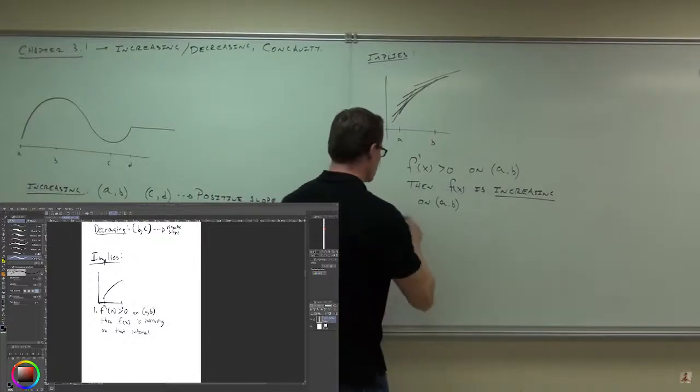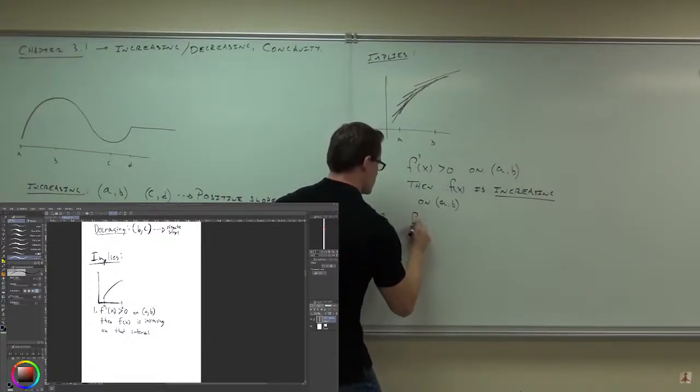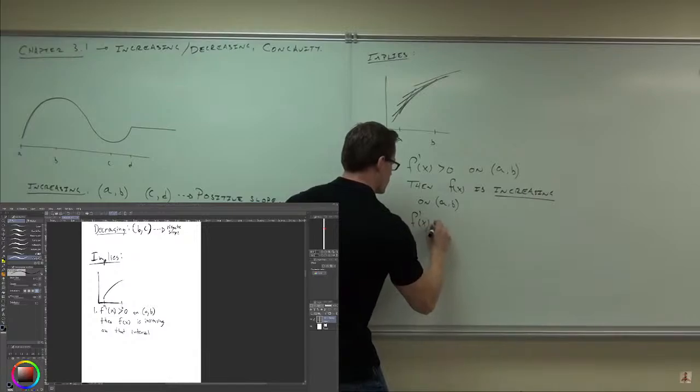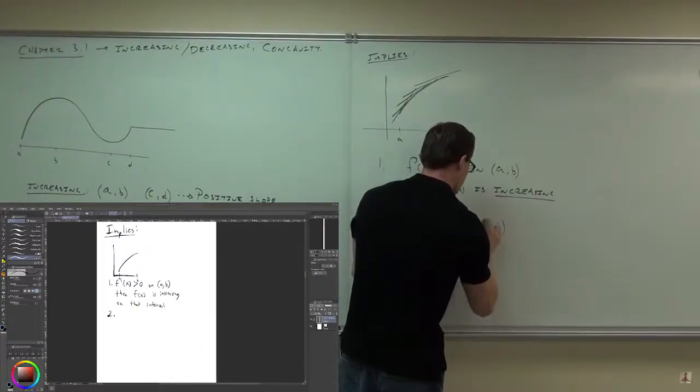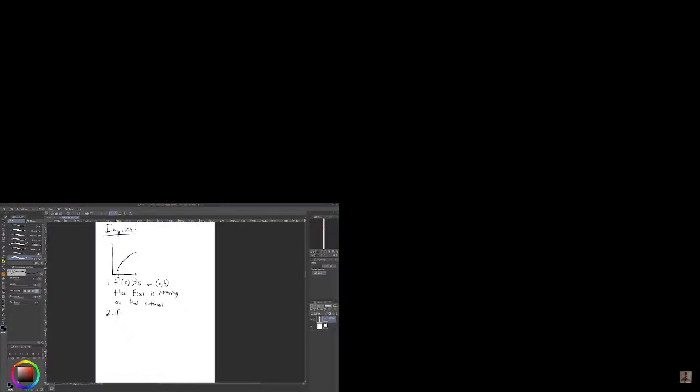If the slope is negative, then f of x is decreasing on the interval.